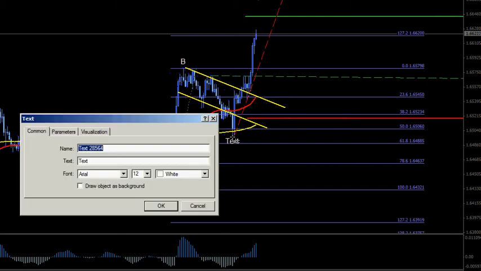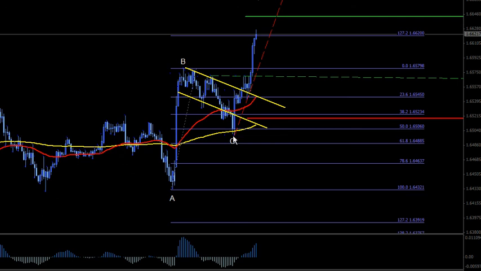That's labeled as my C. Now what I would do in this instance is I probably wouldn't take as large a position as I would if price came down to the 61.8 or 78.6. The reason is because C can still be the 61.8 or the 78.6.